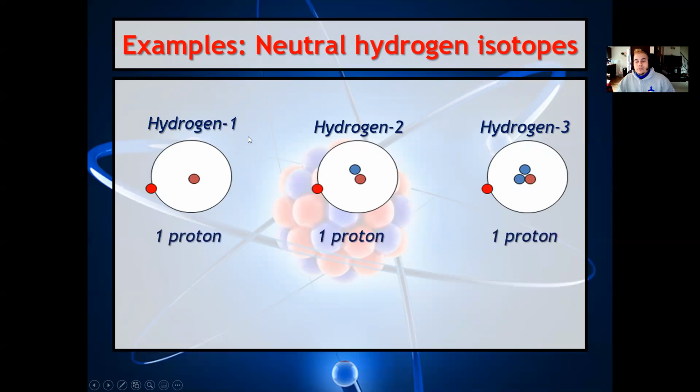These little red orbs in the center represent the number of protons. So hydrogen has an atomic number of 1, and it's represented by the number of protons. So we have 1 here, 1 here, and 1 here. If it had a different number of protons, it wouldn't be hydrogen.